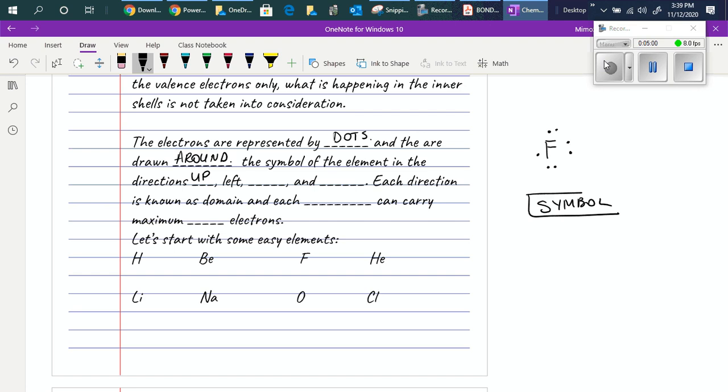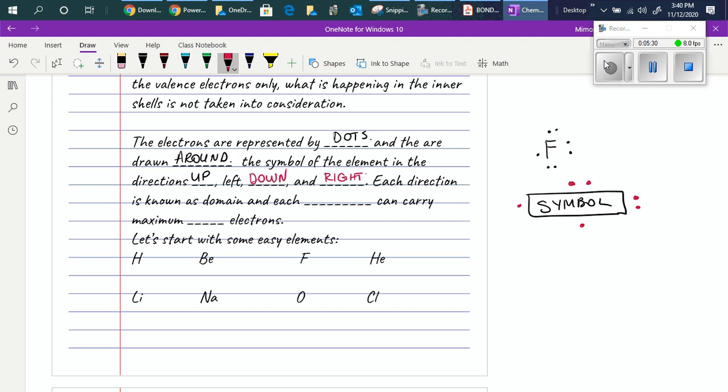then we start drawing the electrons from the top to the left, down, to the right, and then we keep moving until all the valence electrons are drawn.